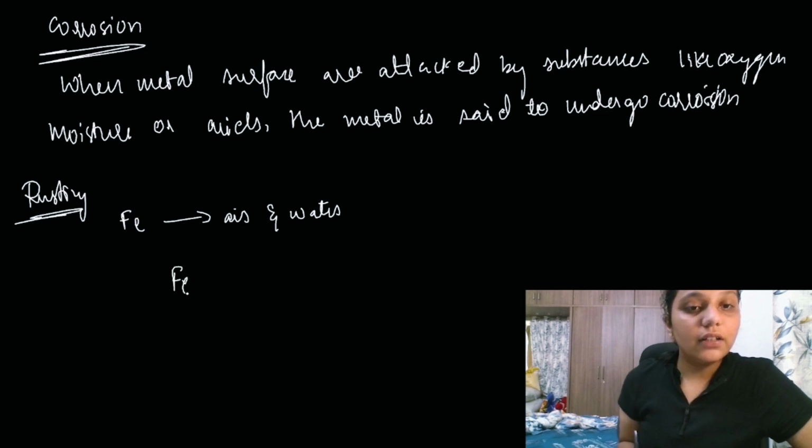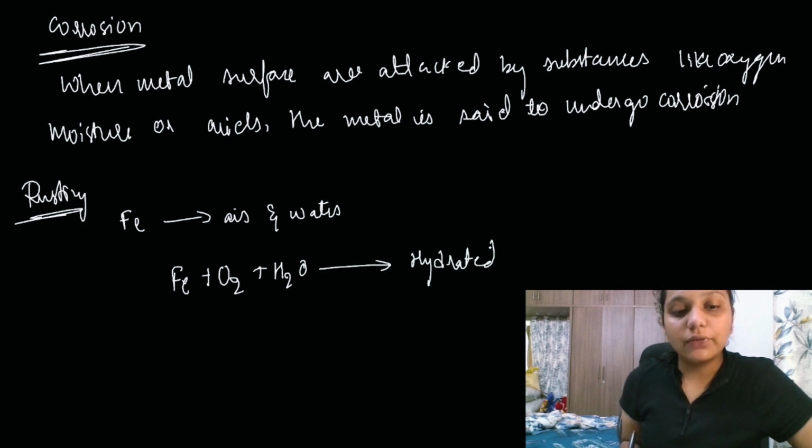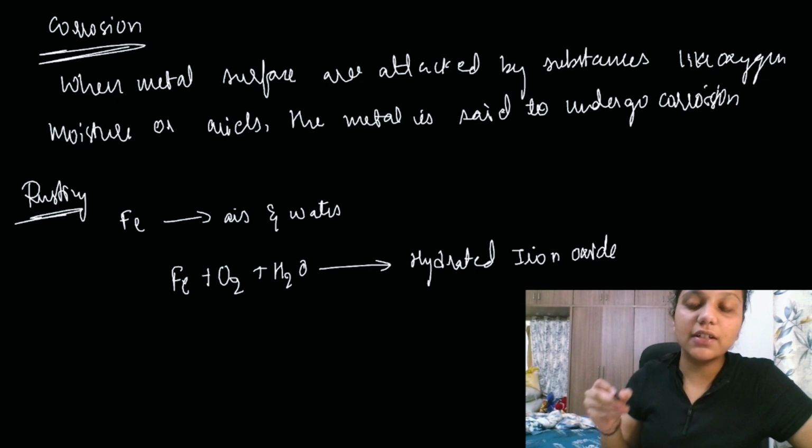We can write the equation. It's not needed, but for example, hydrated iron oxide will be the result of it. Hydrated iron oxide is nothing but the dot-like reddish brown structure on iron, which we can obviously see in our day-to-day life. So that is called rusting.